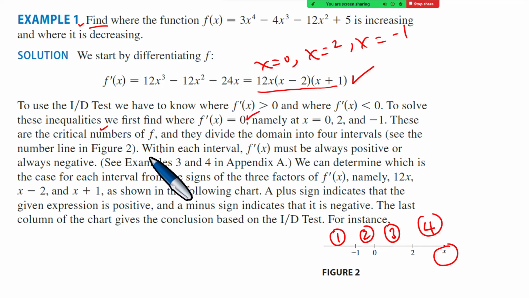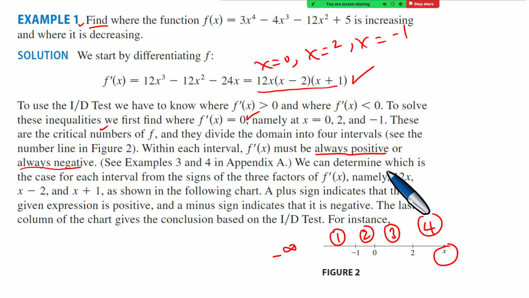Within each interval, the derivative must be always positive or always negative. This is very important. Always. It is a very strong claim, and fortunately it is always true, so we don't need to check all the time. So in an interval, between -1 and -infinity for example, it is either always positive or always negative.